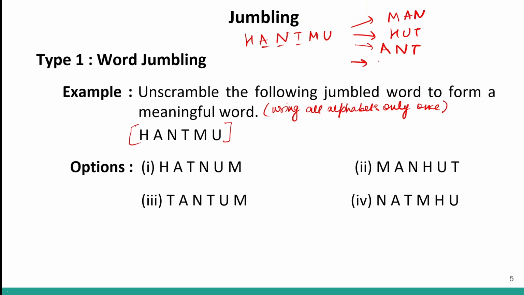Similarly, using the same alphabets, I can create tan. What more can be formed? Now MAT, mat. Similarly, HAT, hat.